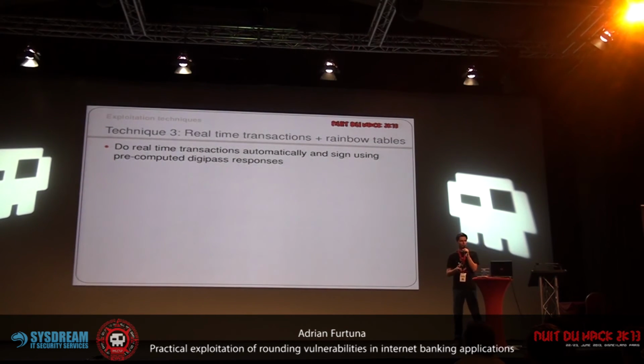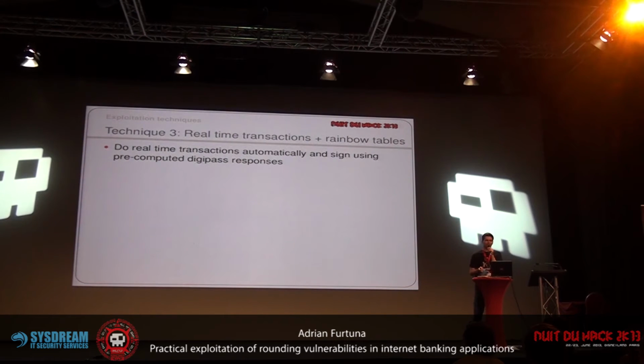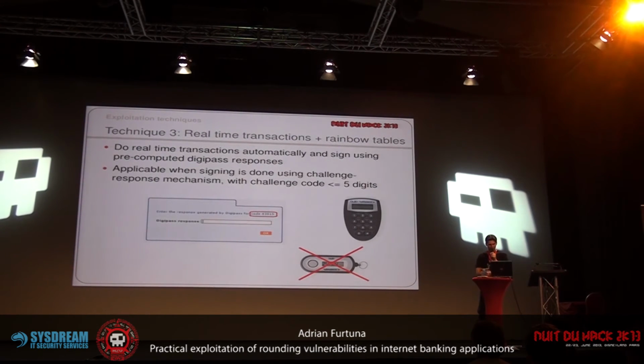The third technique that you can do to sign lots of transactions automatically is a technique that I did not really put in practice, but I'm pretty confident that it works. You saw this type of digipasses, right?